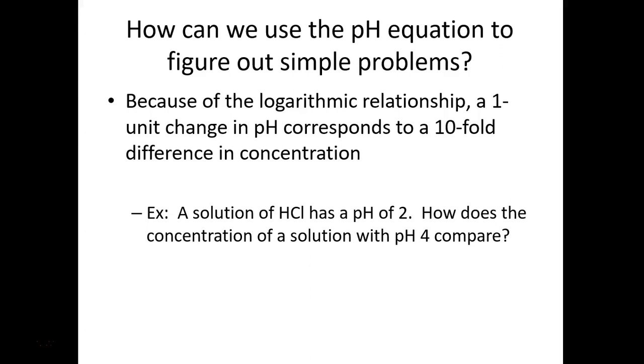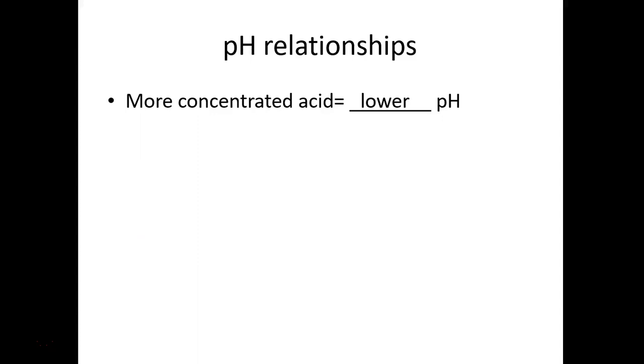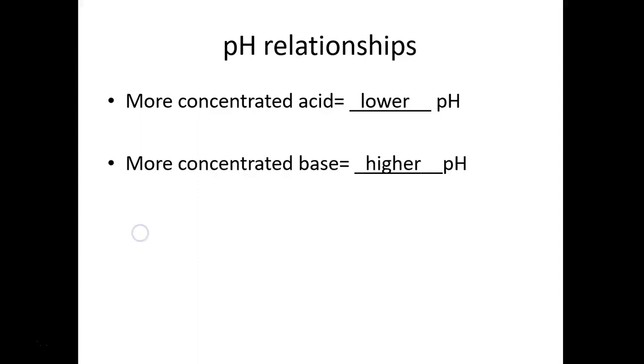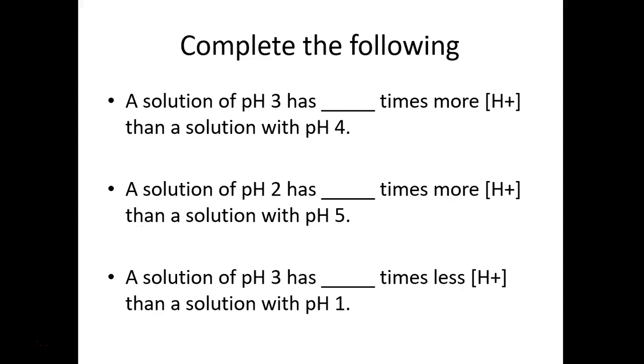Well, we know that the pH of 2 will have more hydrogen ions than a pH of 4. Since the pH values are separated by 2 units, that would be a 100-fold change. So the solution with a pH of 2 will have 100 times more hydrogen ions. So a more concentrated acid will have a lower pH, and a more concentrated base will have a higher pH.